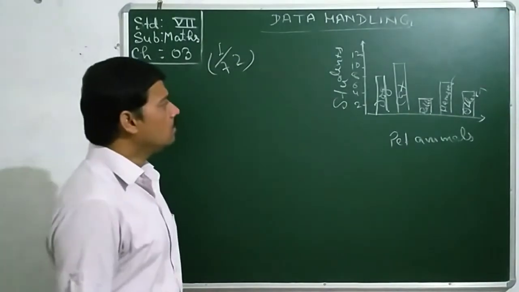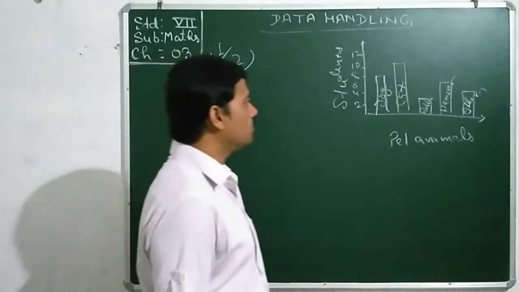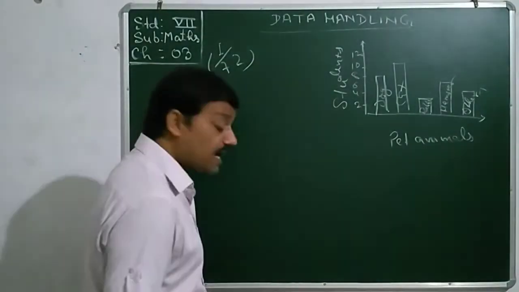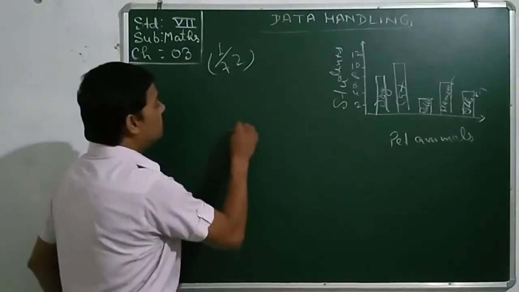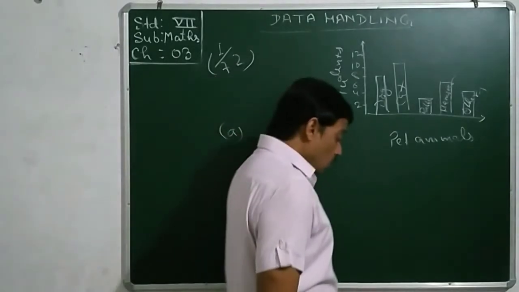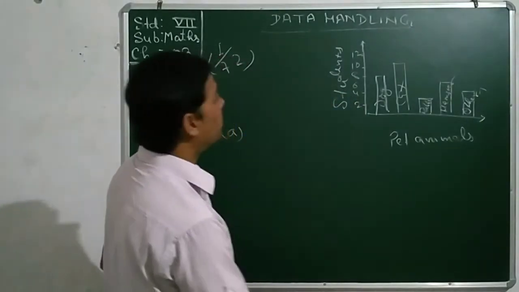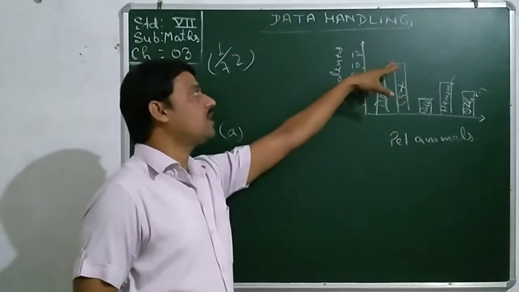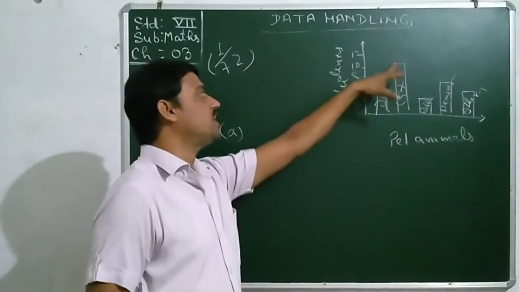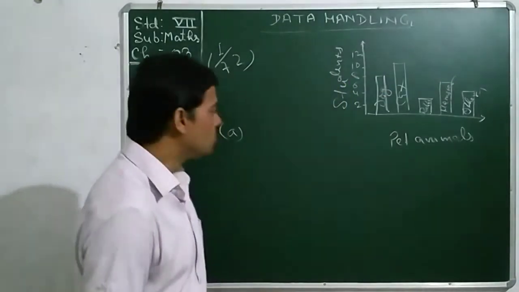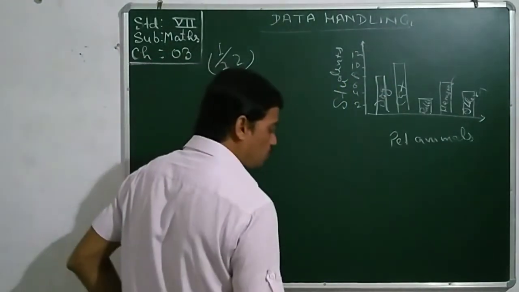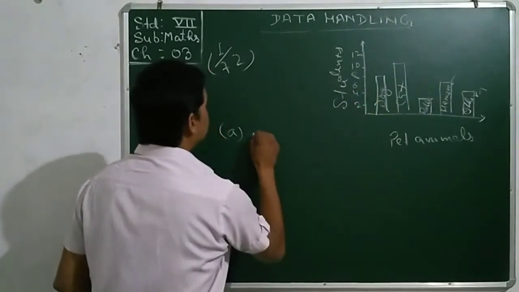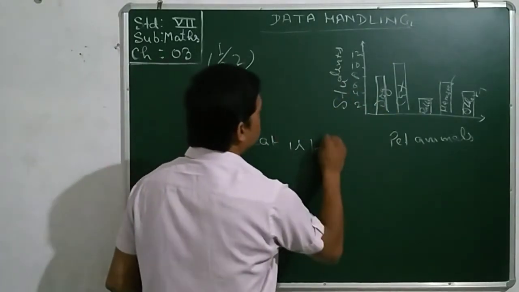If you go through the graph thoroughly, only 2 questions are asked there. The first question: which is the most popular pet? Look at the graph. Which bar has risen the highest? This one has risen up to 10. So cat is the most popular pet.